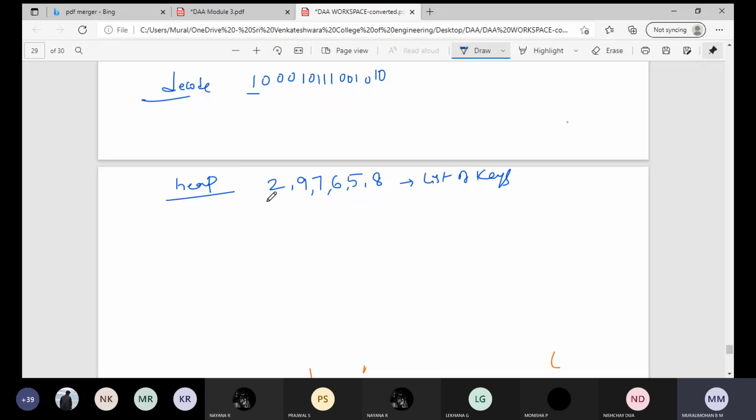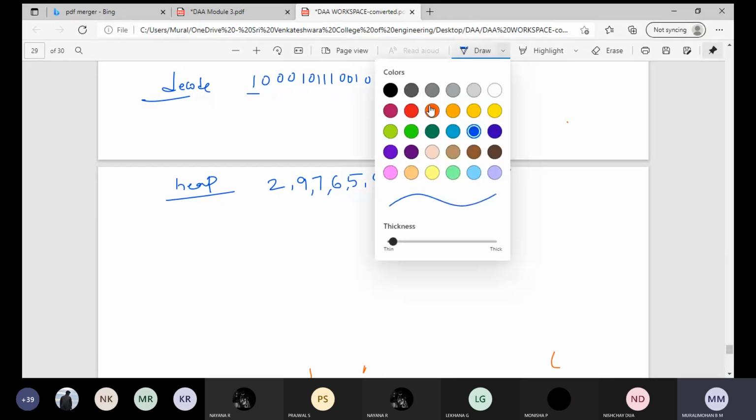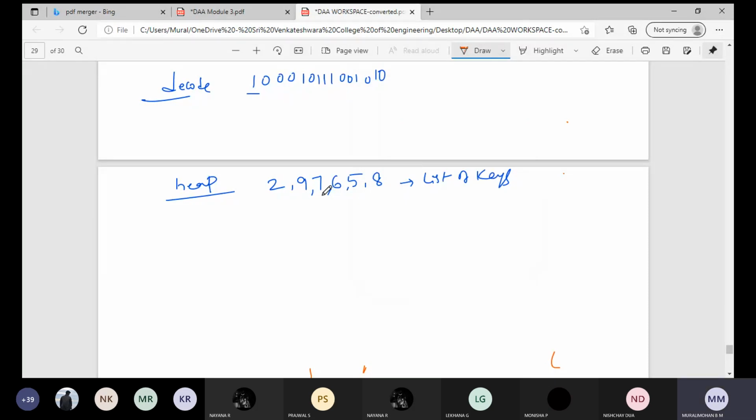Which screen are you seeing? Kindly respond, please. The heap and the keys have been underlined with the red pen. The same screen you are seeing. Can you respond, please?